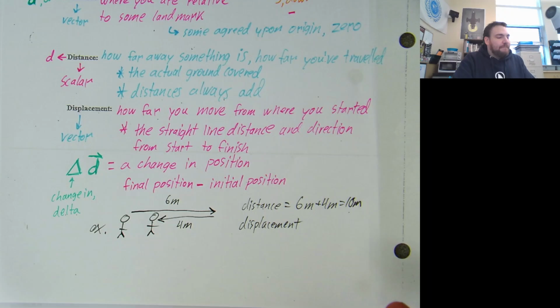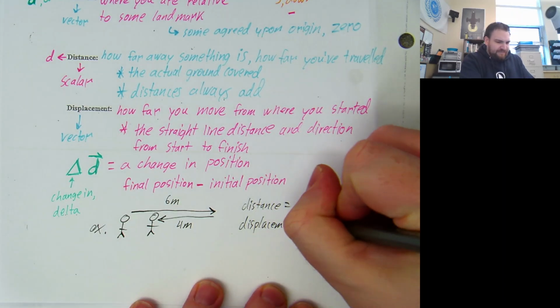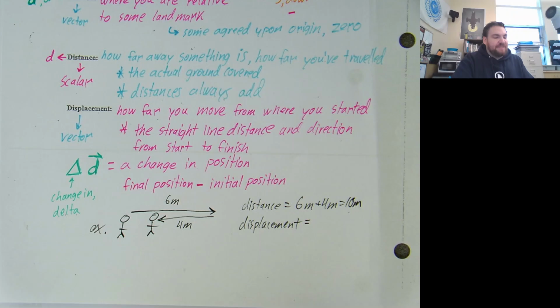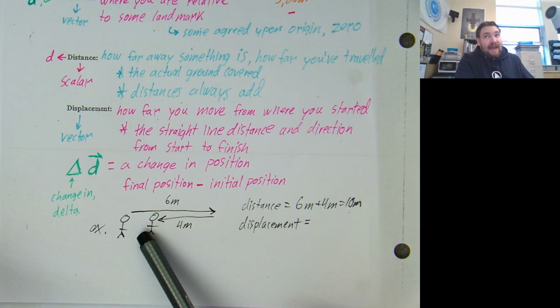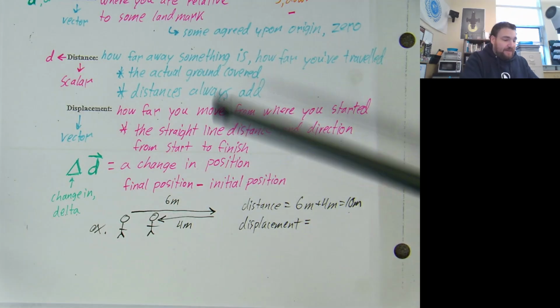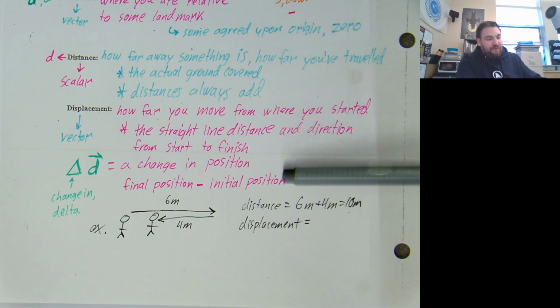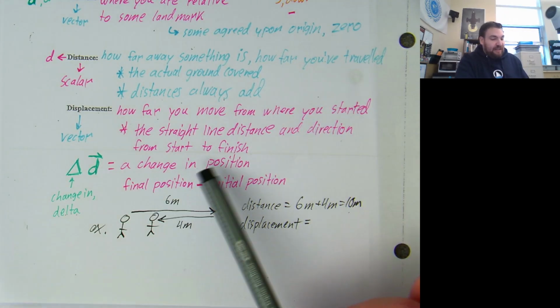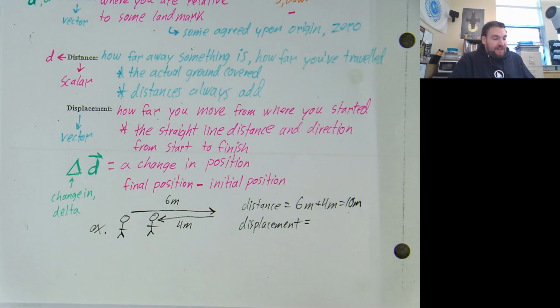And then we were going to talk about displacement. So let's talk about displacement of this person here. What is the displacement for this individual? They went 6 out, they came 4 back. Displacement, remember, we defined as how far you moved from where you started, the straight line distance and direction from start to finish. It does not care about the path you took.